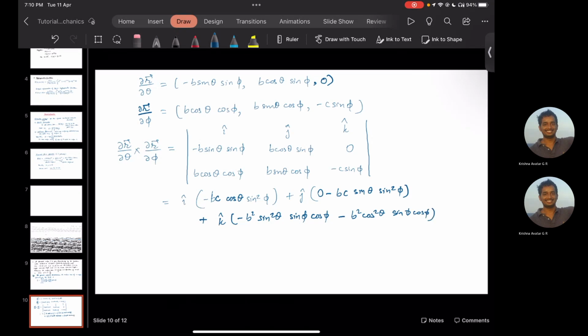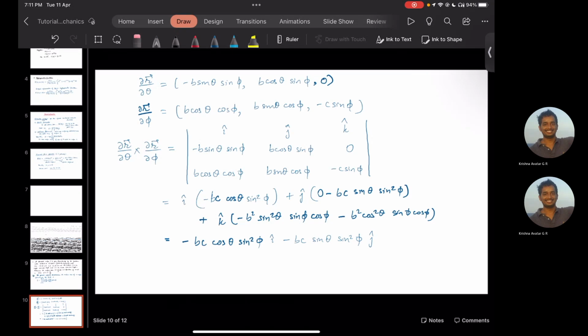This reduces to minus bc cosine theta sine squared phi i cap minus bc sine theta sine squared phi j cap plus.